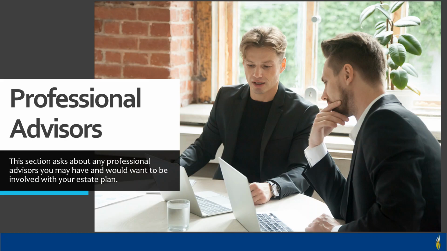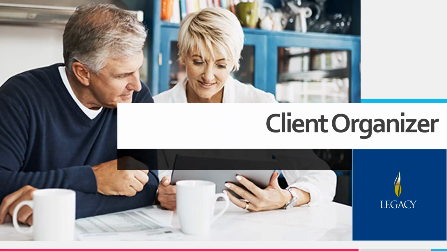And then finally, we get to some questions about your existing estate planning documents that might exist and whether your family members have undertaken estate planning of their own. The estate organizer will not only help you organize things, but it will also help me understand what you want to accomplish from a planning standpoint and guide me in giving you the best planning advice possible.